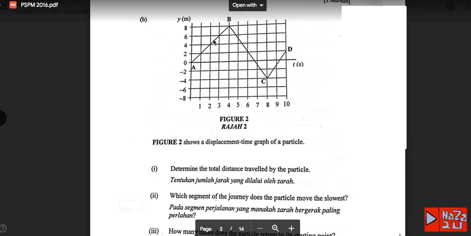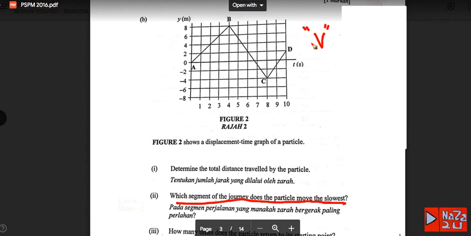Continue to number 2. In which segment of the journey does the particle move the slowest? You can refer to the velocity, right?